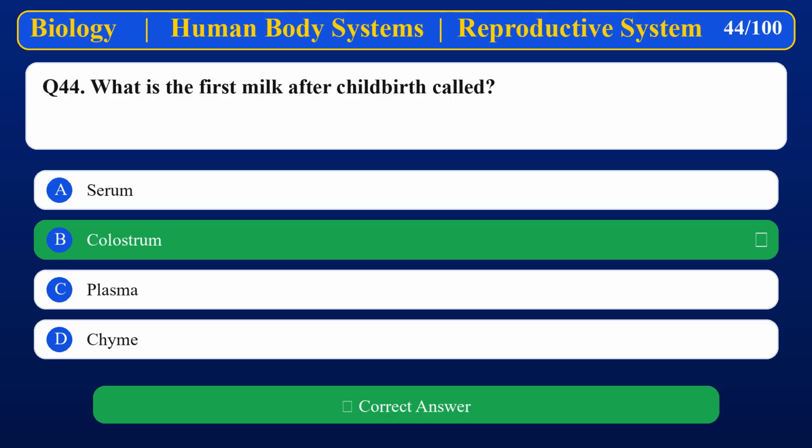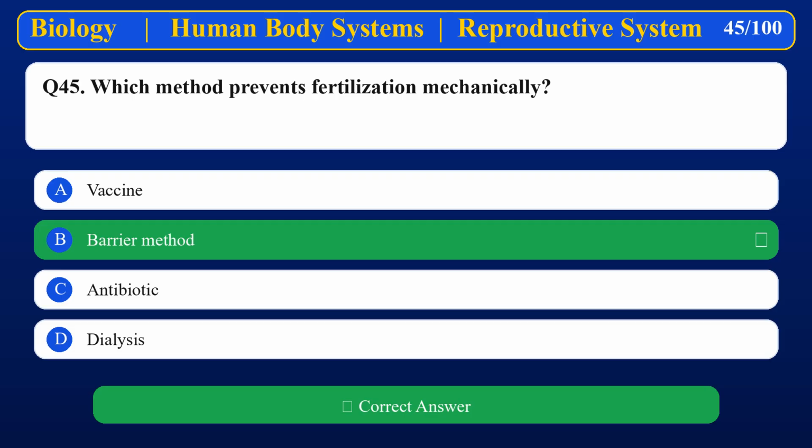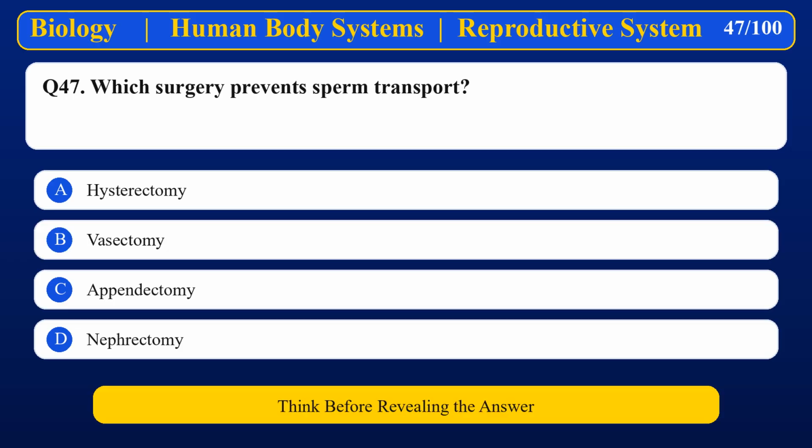Colostrum. Which method prevents fertilization mechanically? Barrier method. Which device is placed inside the uterus for contraception? IUD.